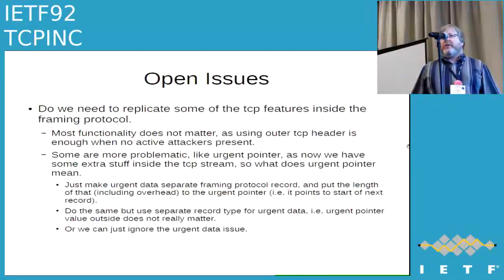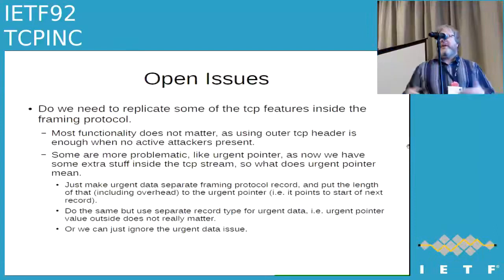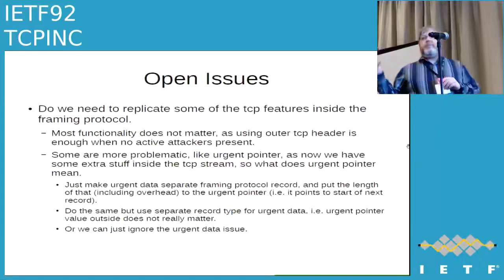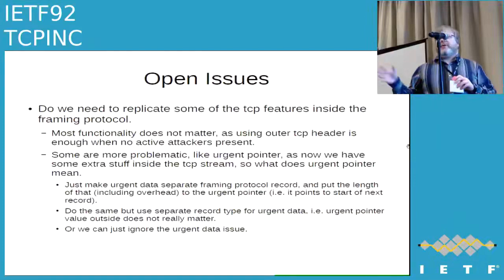But there is some more problematic stuff, like the urgent pointer, which I heard is supposed to be obsoleted anyway, but it's still going to be used in some applications, which means we have to somehow make it work, for example, for telnet to work. We might do it so that we put the urgent data as a separate record in the beginning, and we just adjust the pointer length to include the overhead.